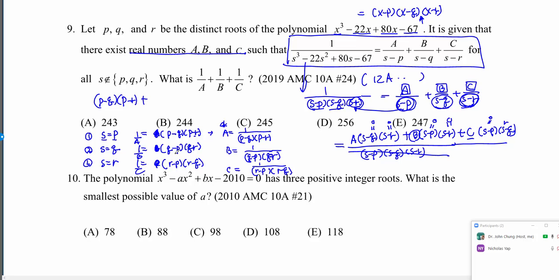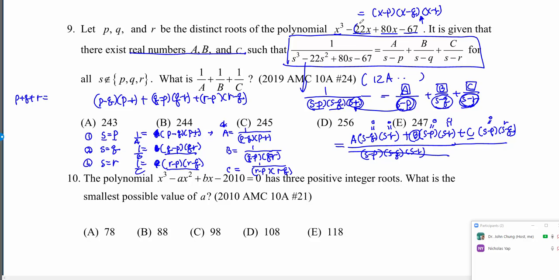And 1 over B is Q minus P, Q minus R, right? This is a lot of work. 1 over C is R minus P, R minus Q. Now we know the sum of roots, P plus Q plus R. I'm going to write down, the sum of roots is how much?